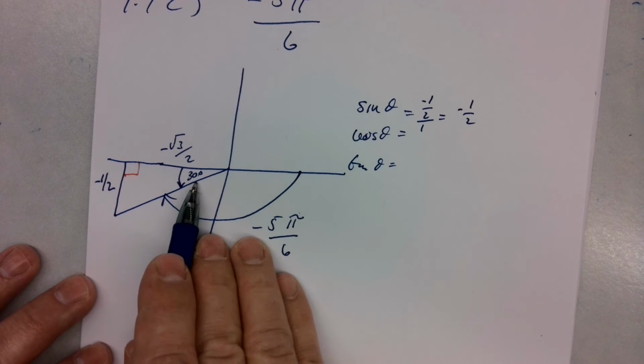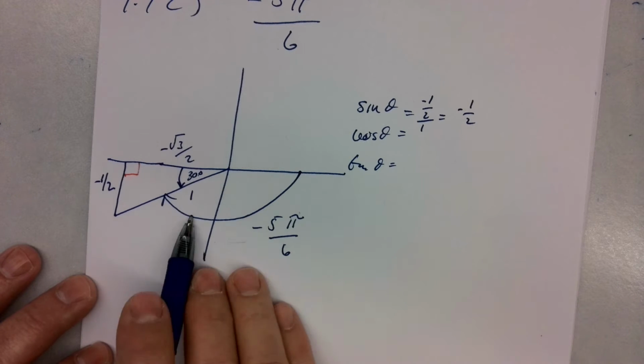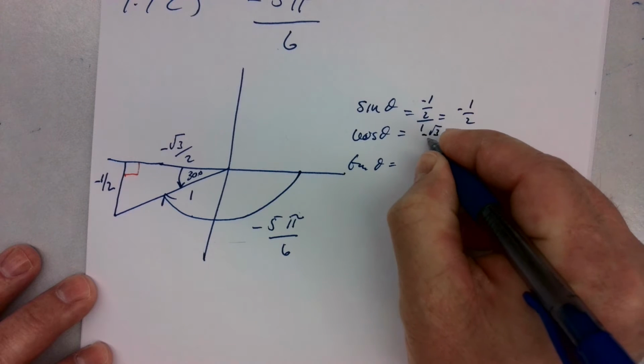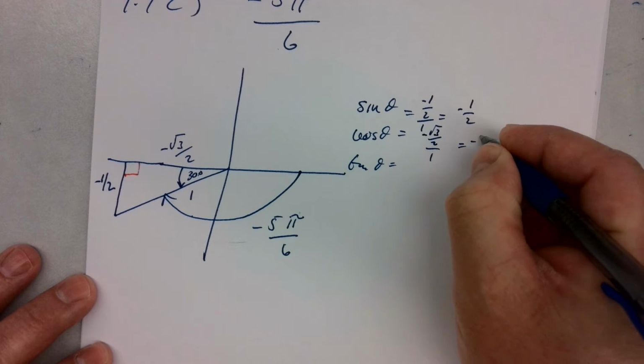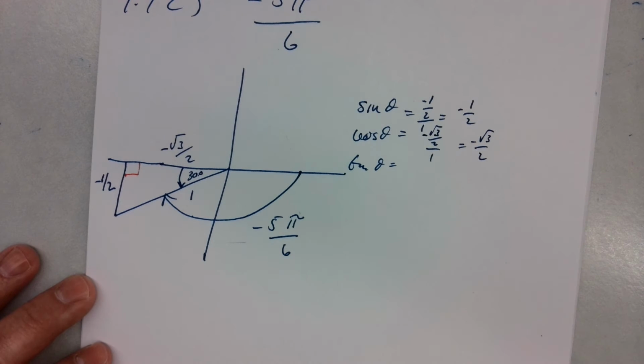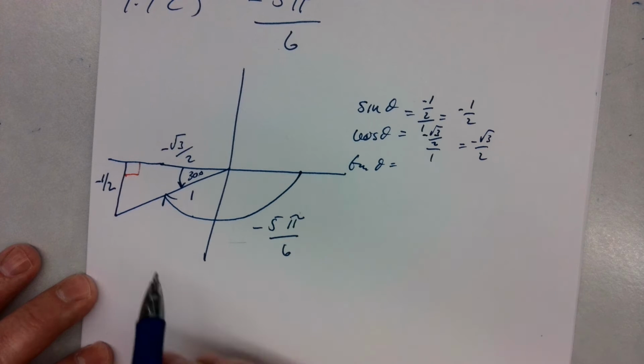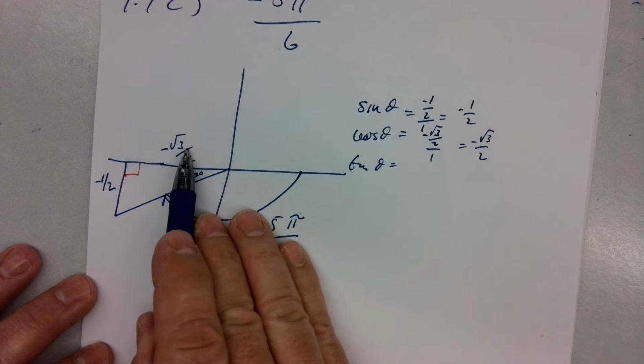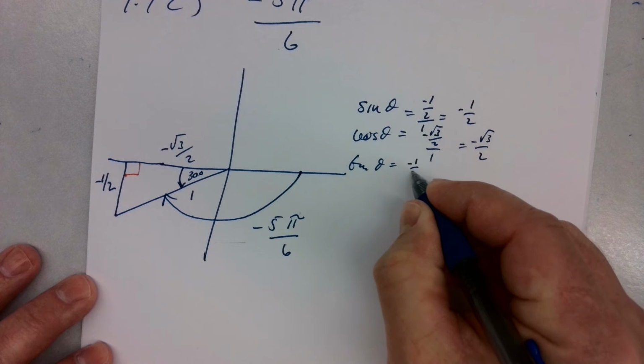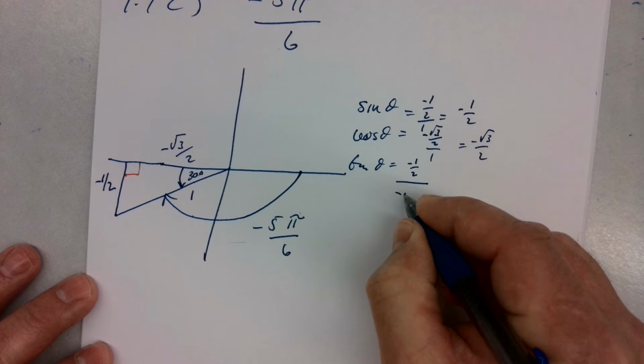Cosine is adjacent over hypotenuse, so that's negative root 3 over 2 over 1, which is just negative root 3 over 2, right? And then the tangent of theta is opposite over adjacent, which gives me negative 1/2 divided by negative root 3 over 2.